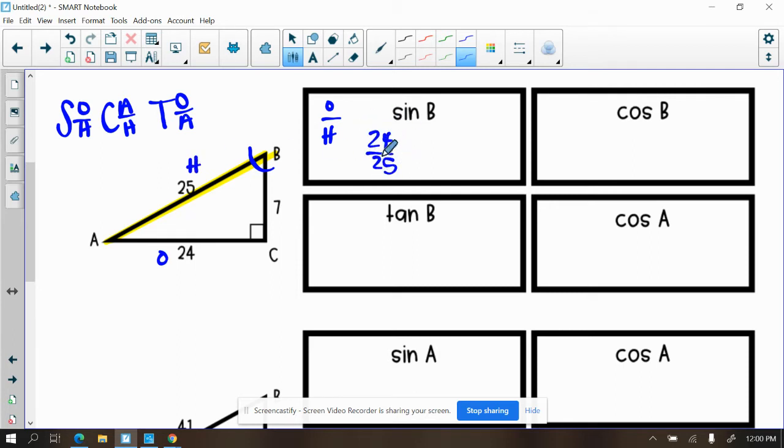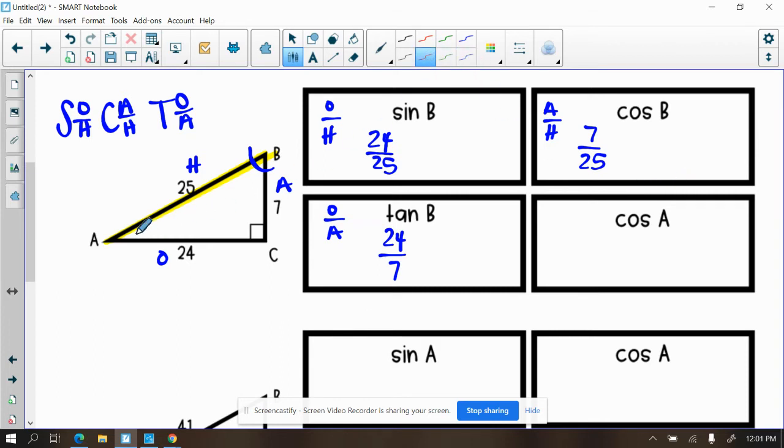If these numbers are bigger like this, it is nice to reduce our fraction, but for right now, we can't do that with this one. Okay, cosine of B, adjacent over hypotenuse, so 7 over 25. Tangent of B, again, tangent is opposite over adjacent. So opposite is 24 over 7.